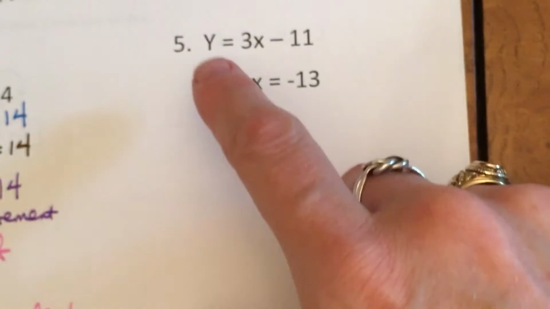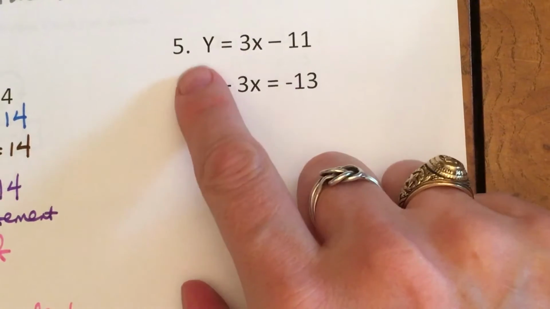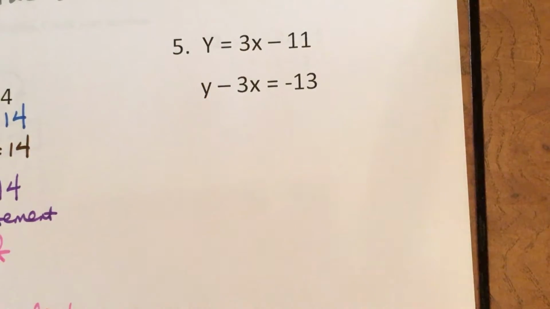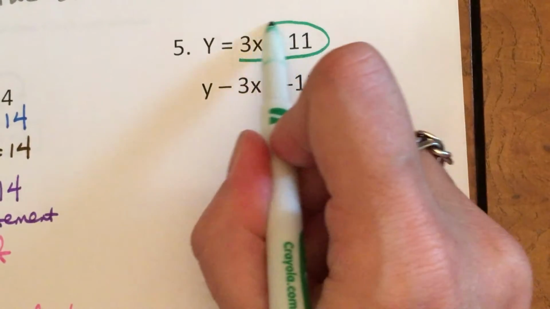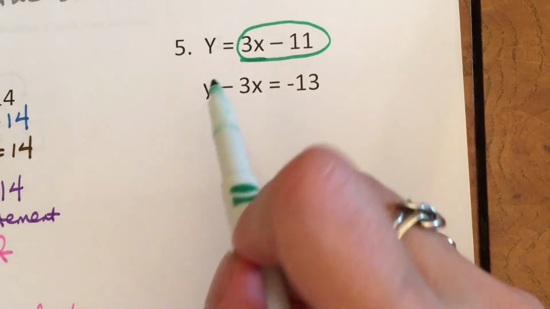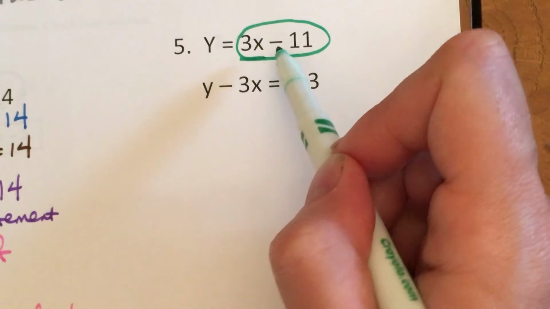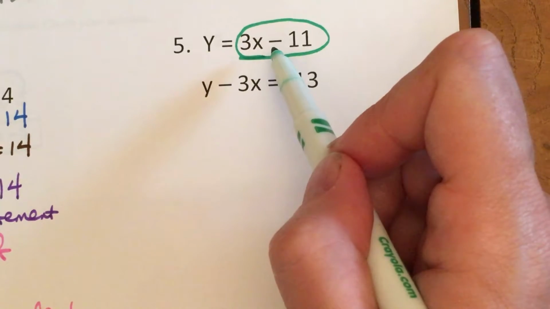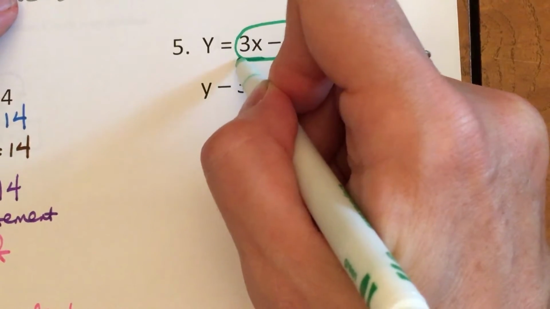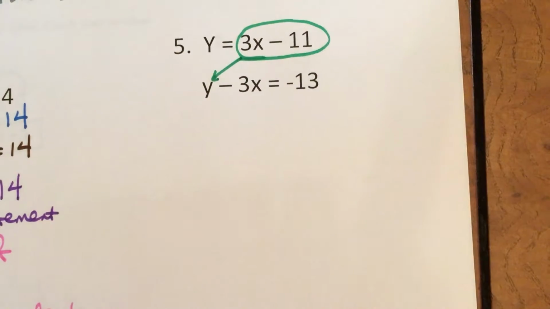So in exercise 5, we start off the same way. I have an equation. It is solved for a variable. Let's circle that up. And we are going to substitute this quantity into the other equation for its variable right there.